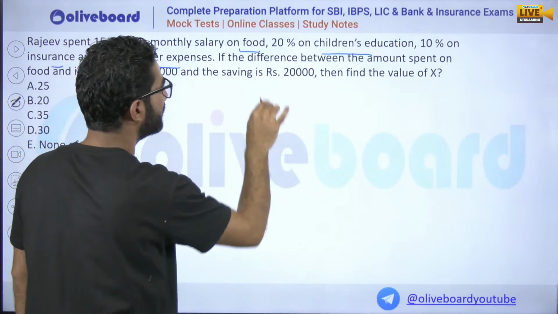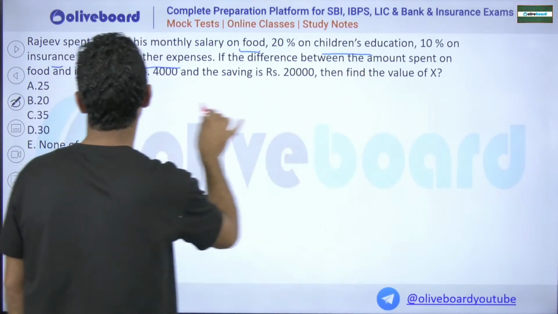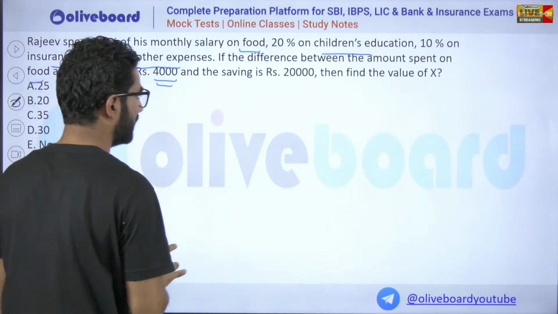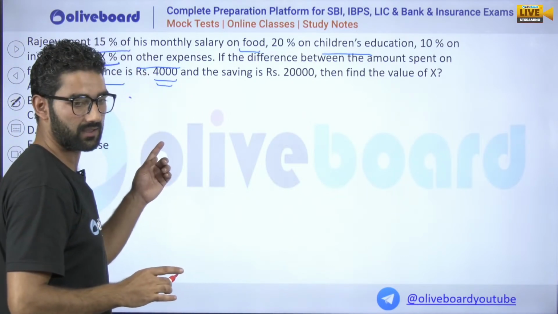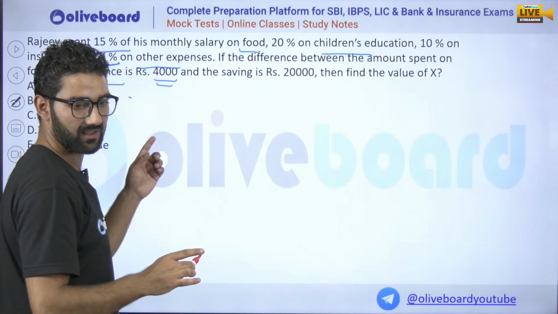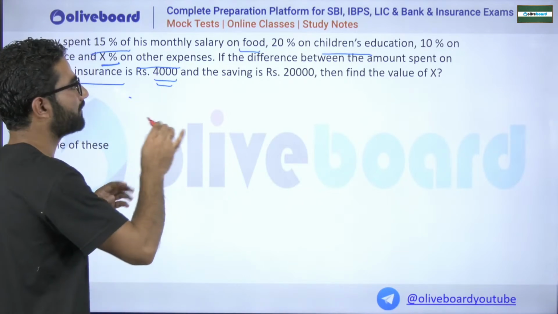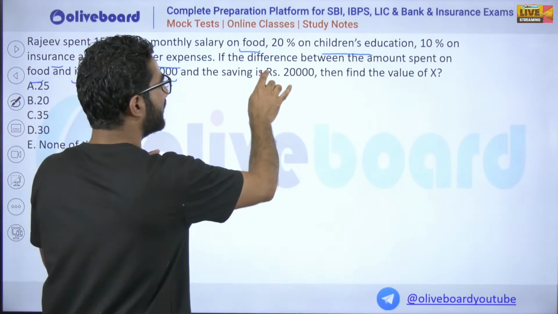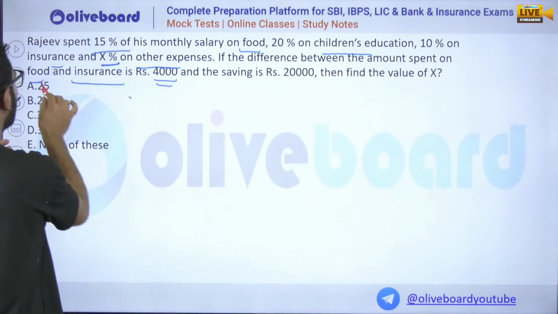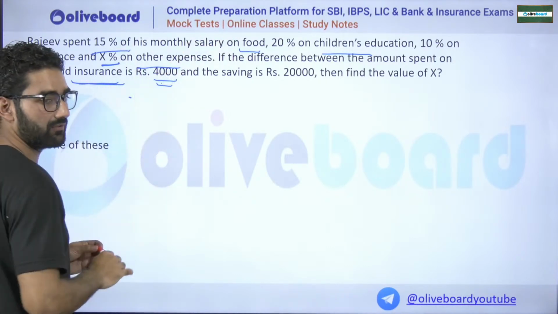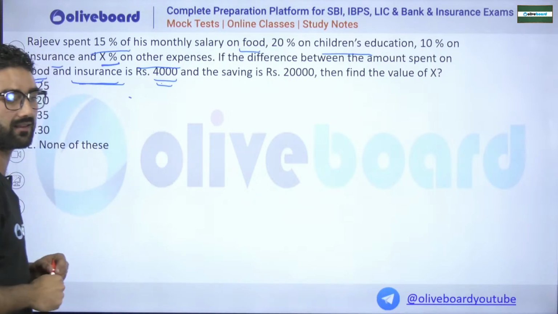The difference between the amount spent on food and insurance is given as 4,000. The concept here is that the difference between the amounts is given and the percentile values are given, so you can calculate the exact salary.